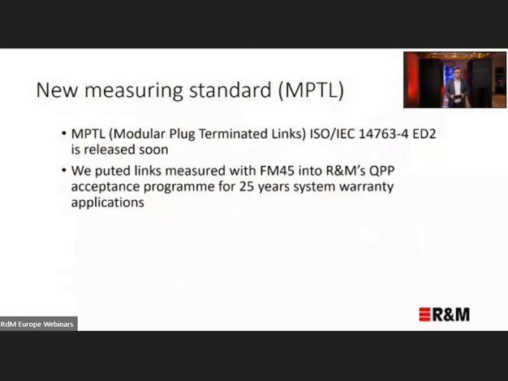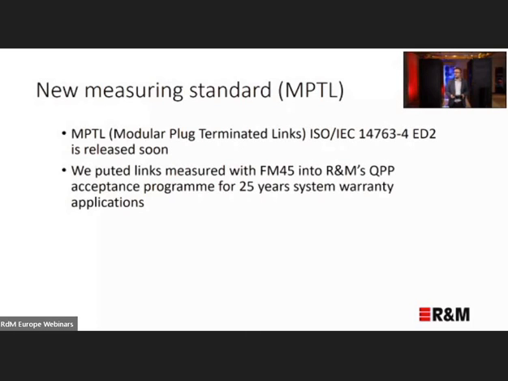You can certify connections with FM45. One connector links can be certified. You can get a 25-year system warranty on this type of links. So this is not a toy. Currently, such connections for certification must be measured in channel.